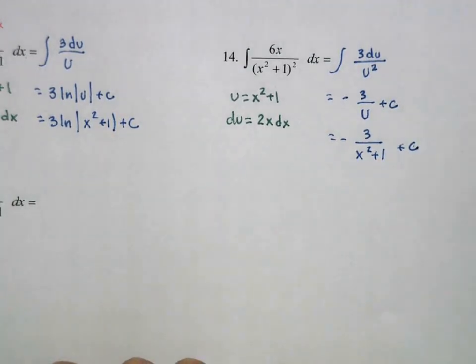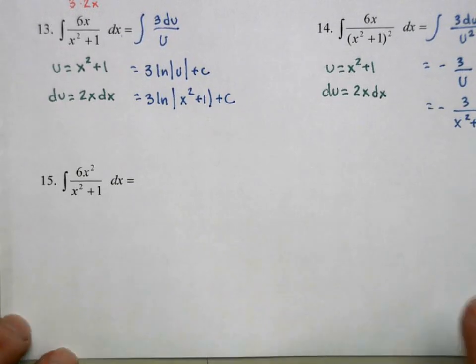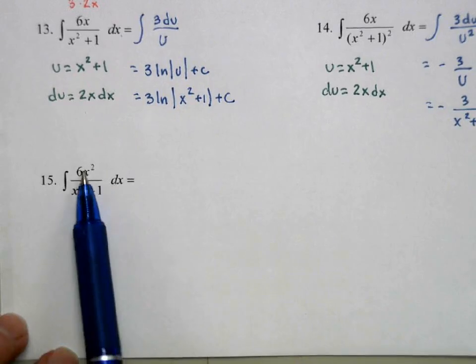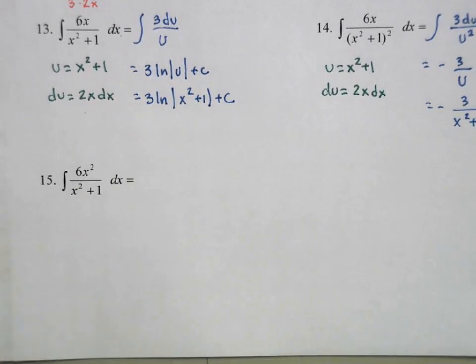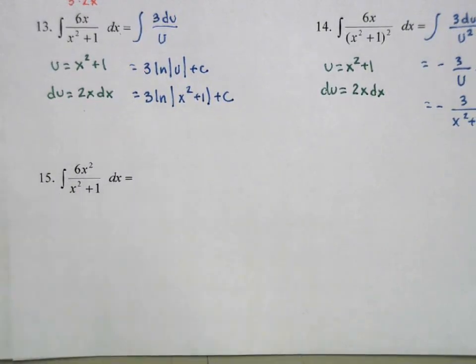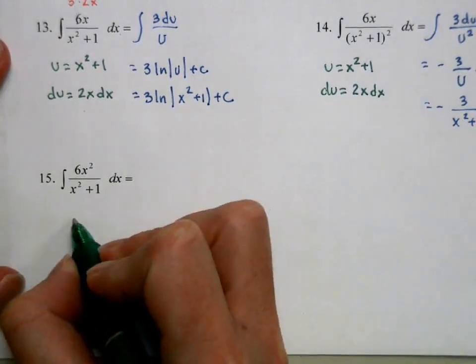This one, unlike the previous two, a u substitution isn't going to get me anywhere because we've got an x squared instead of just an x. In this case, what we're going to use, because the degree is the same on the top and the bottom, is we're going to use long division to rewrite this rational function. So I'm going to take 6x squared and I'm going to divide it by x squared plus 1.